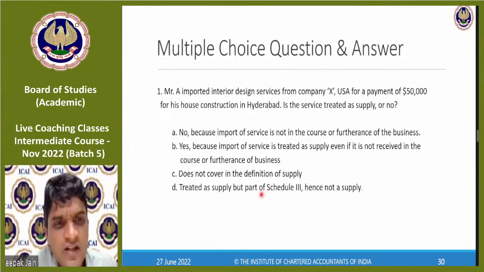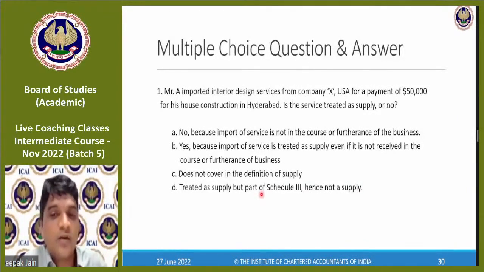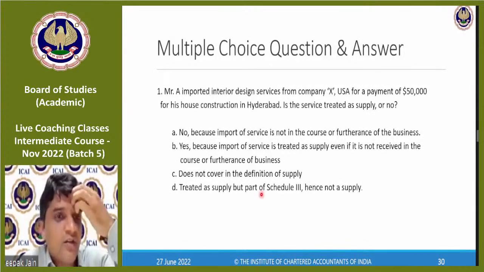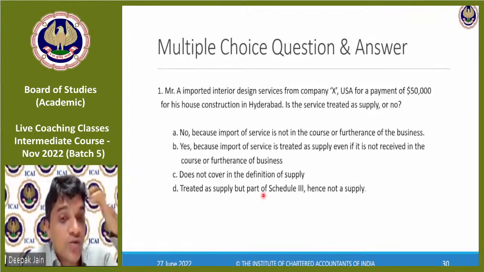Okay. Mr. A imported interior design services from company X for a payment of $50,000 for his house construction in Hyderabad. Is the service treated as a supply or no?